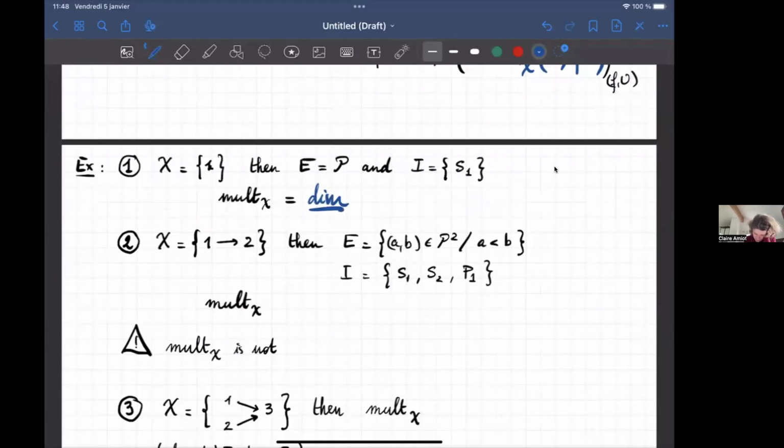And if I take X to be this poset with 2 elements, I get something equivalent to the rank invariant, not completely the rank invariant, because in that case this is not surjective.